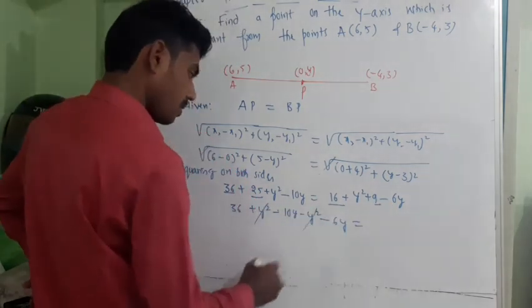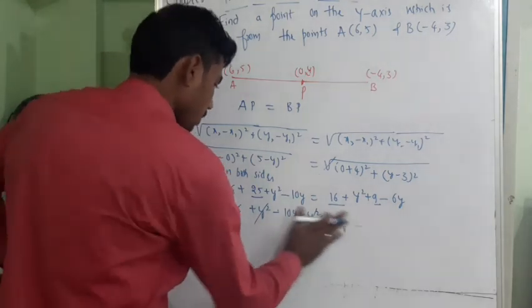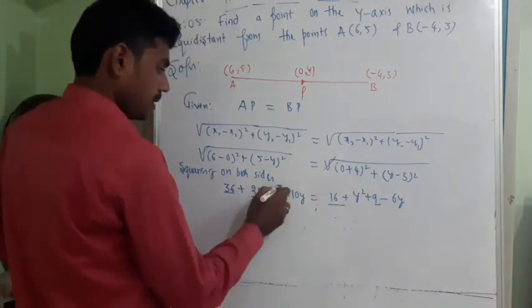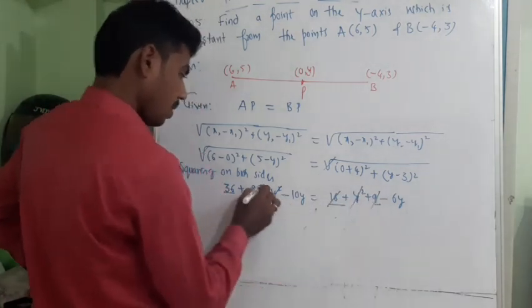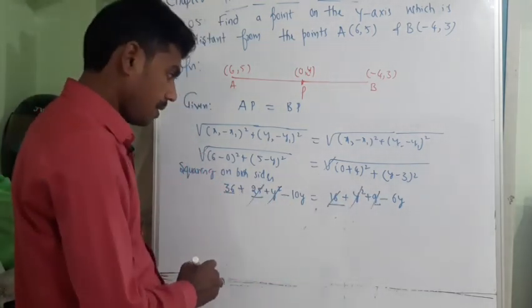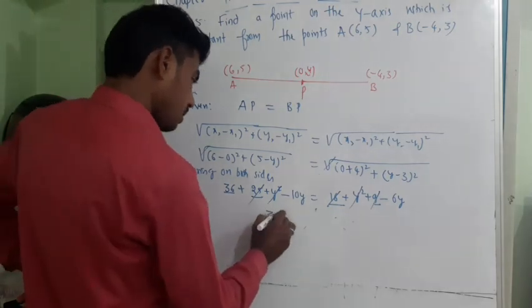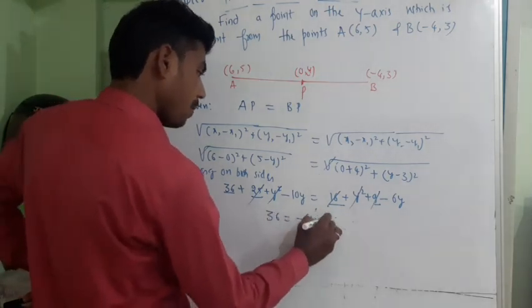This y square will get cancelled. This 16 plus 9, this 25 will get cancelled. So 36 is equal to minus 6y plus 10y.